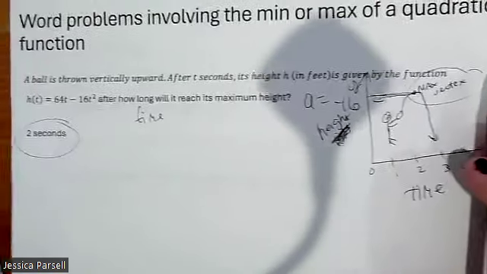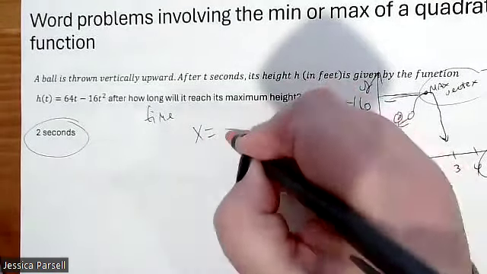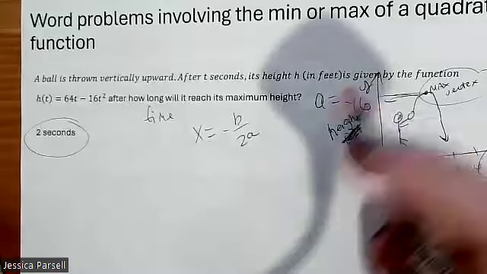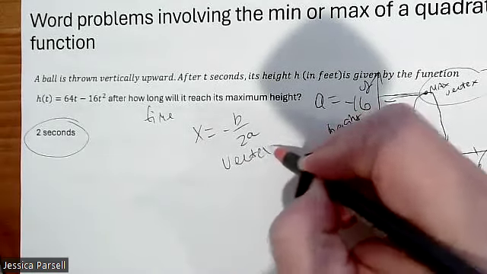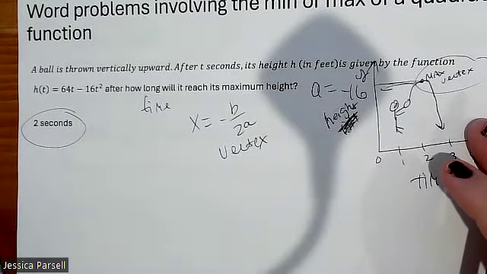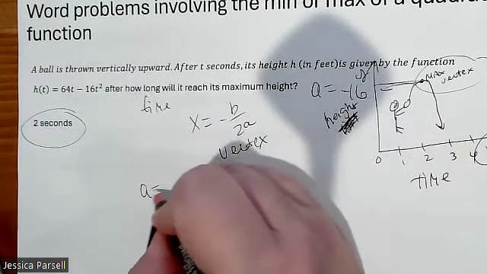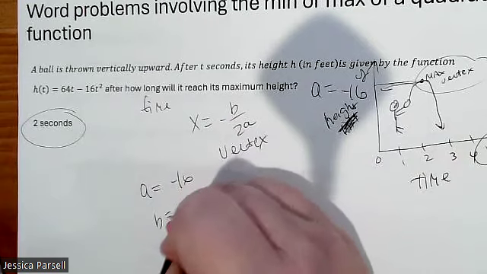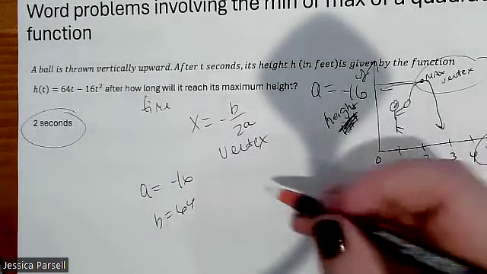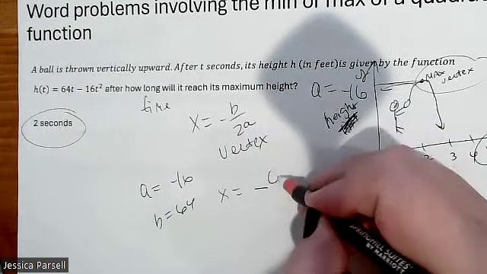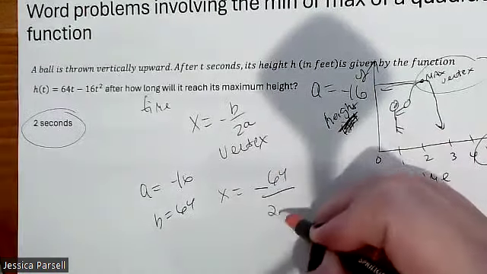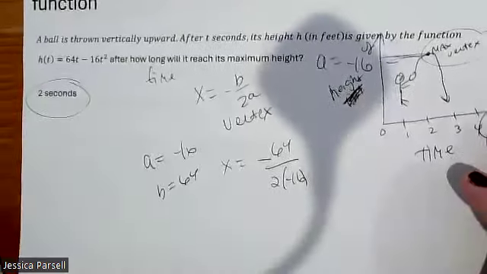Well, we know that x is -b over 2a, right? That's part of finding that vertex. So let's identify our a's and our b's. So a is -16, b is 64. So we're going to put it in this formula. x equals the opposite of b, which is 64, over 2 times a, which is -16.